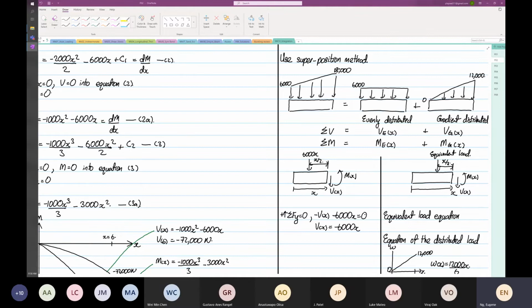You integrate omega as a function of x dx. So this will be equal to 2,000 x squared divided by 2. So it's equal to 1,000 x squared.